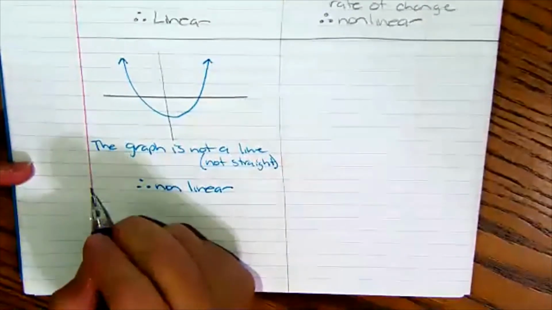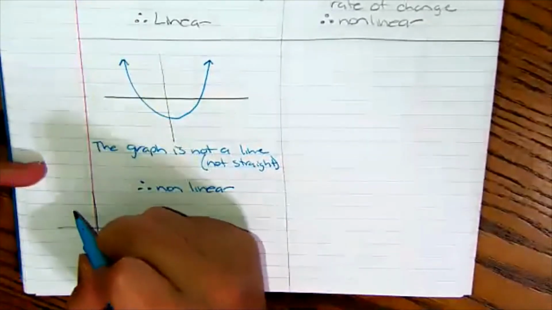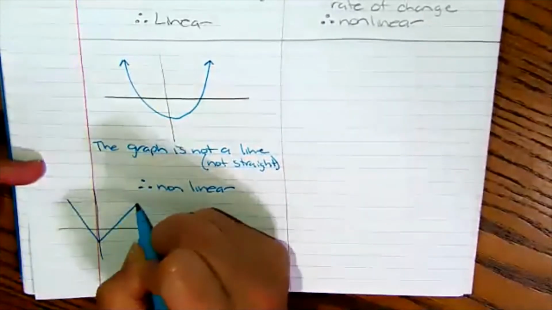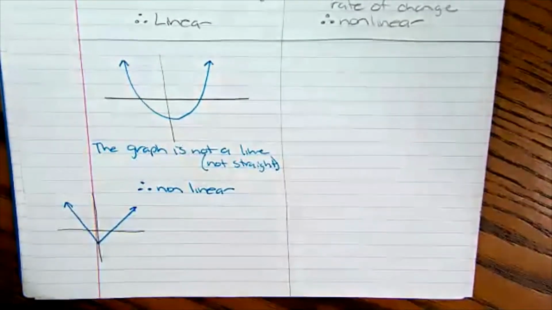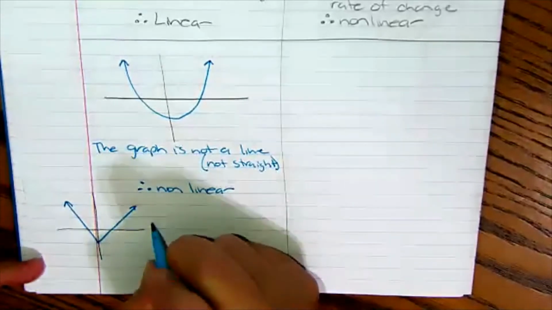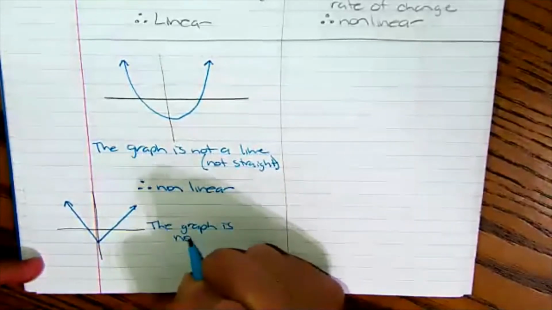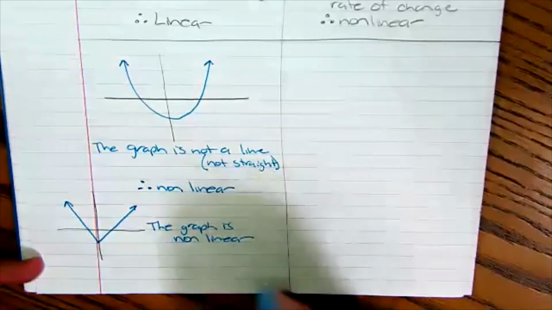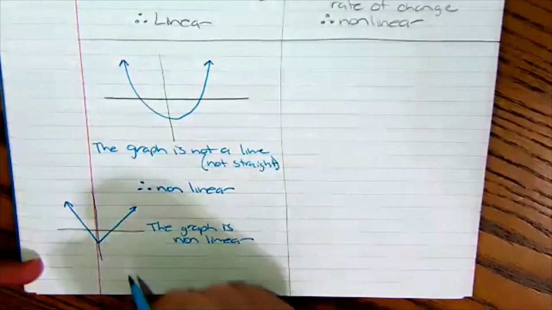Now, the book may also show you a graph that looks like this. And they want to know, does this represent a linear function? Well, the graph is non-linear.